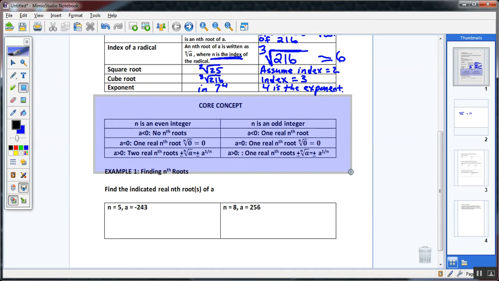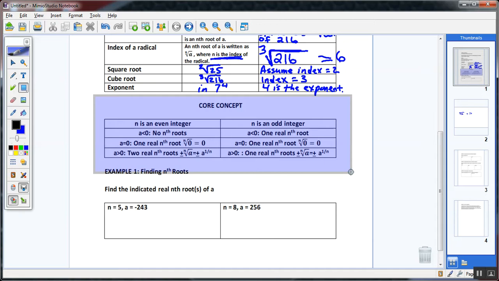And we're talking about this a value being underneath the radical sign. Over here, same thing. If a is equal to 0 and your integer up here or your index is odd, the nth root of 0 is still going to be what, kids? Okay? And then this last one. If we start talking about an index that's greater than 0, then how many real nth roots are you going to have?